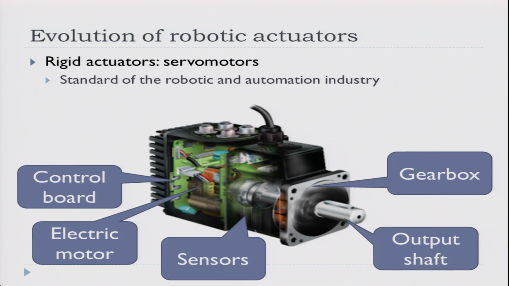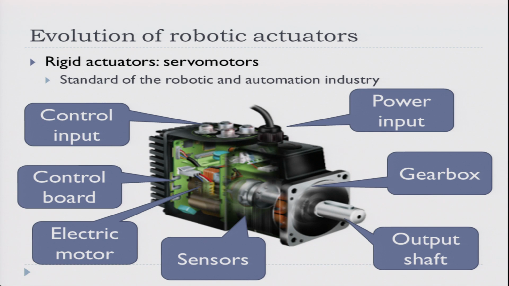your robot. But other important parts are the sensor and the control board that you can find on your servo motor. With this sensor, which is usually a position sensor, and the control board, you can close a control loop. What actually happens is that the servo motor itself closes its control loop, so that what you get is again a control input.